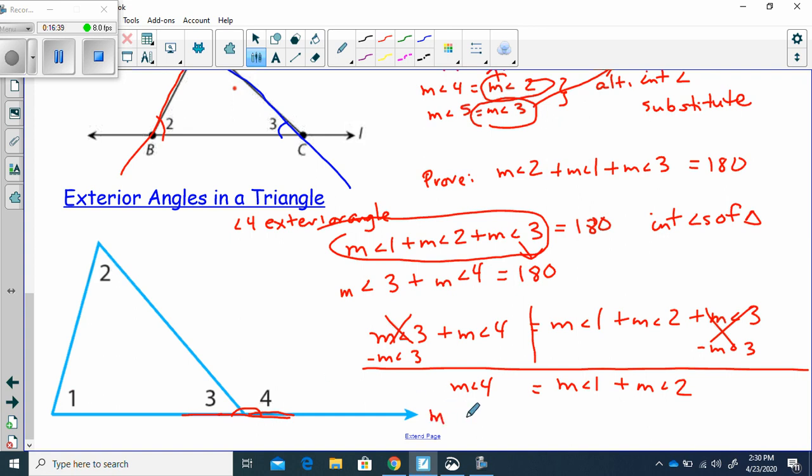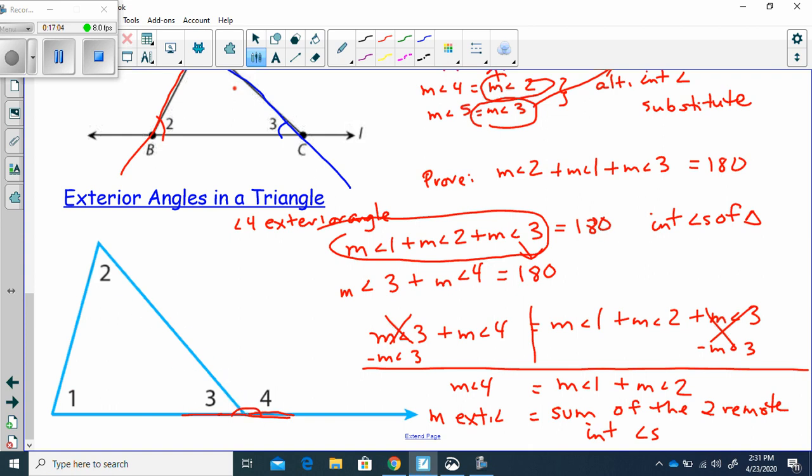The measure of the exterior angle equals the sum of the two remote interior angles. Remote means away from, right? Think about it. When you have a remote from a TV, doesn't that mean you're away from the TV?